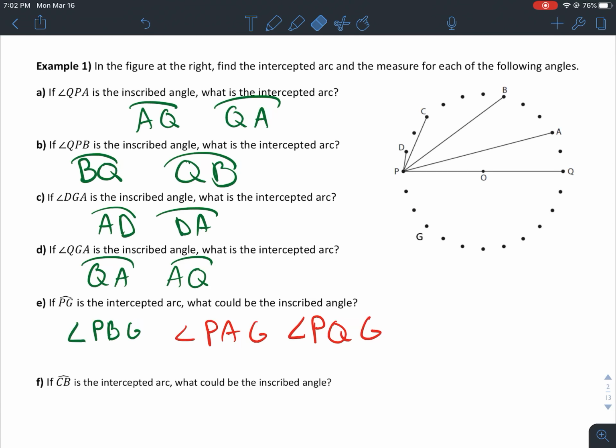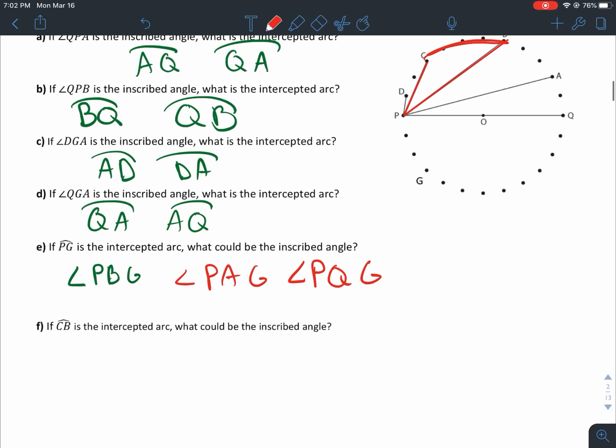All right. And then we got the last one on this page. If arc CB is the intercepted arc, what could be the inscribed angle? So we have CB. So some of our options for an inscribed angle could be CPB.